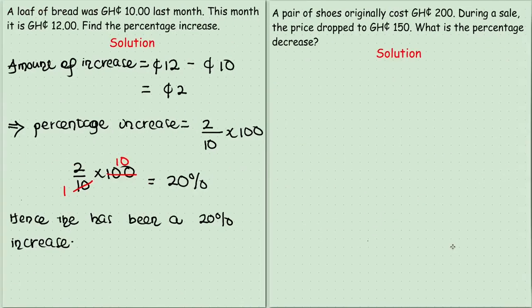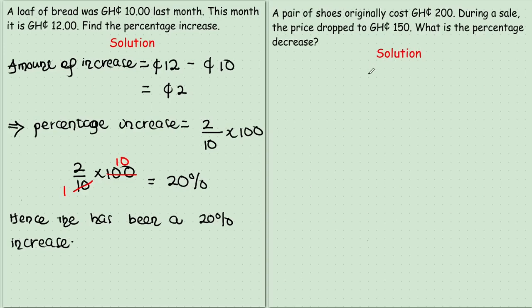Let's look at one other question that will have to do with the percentage decrease. So in this next question, it says a pair of shoes originally cost 200 cedis. During a sale, the price dropped to 150 cedis. What is the percentage decrease? Now, comparing the value, you can even infer that there was a decrease or there was a drop. So what is our percentage decrease?